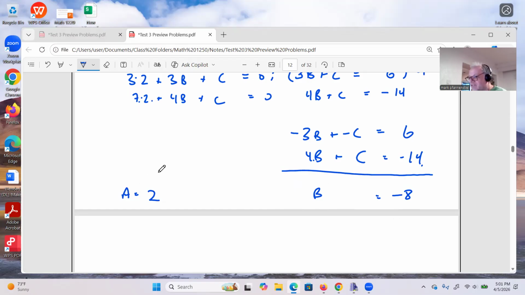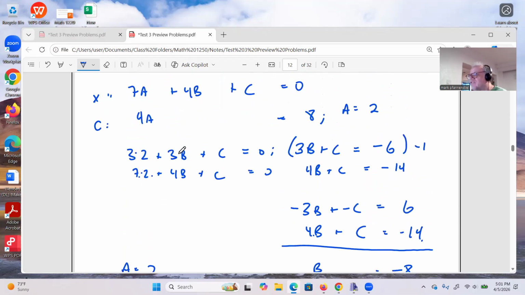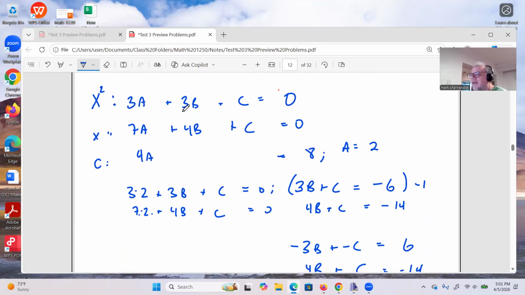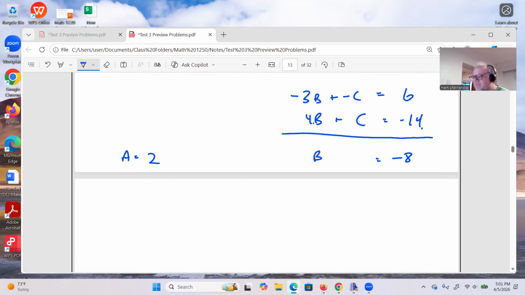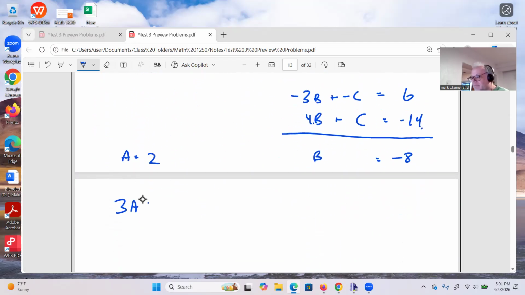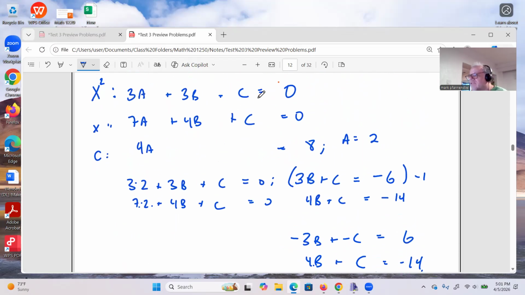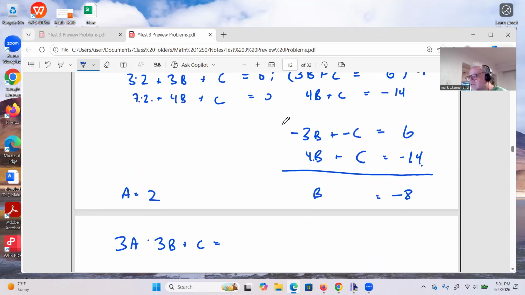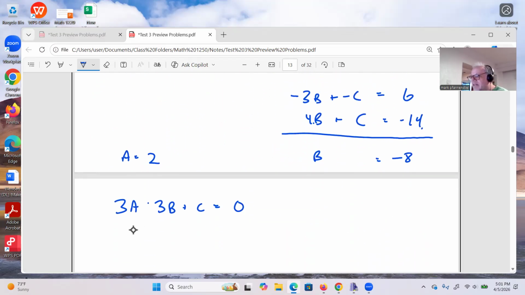We have to figure out what C is. Now, we have three equations, three unknowns. All we have to do is pick one of the equations that has a C in it. Let's pick the first one. So I want 3 times A plus 3 times B plus C is equal to 0. Let's put in the things that we have here.